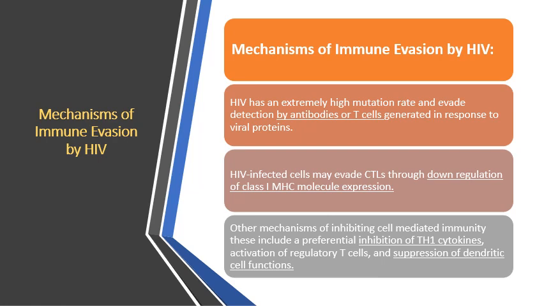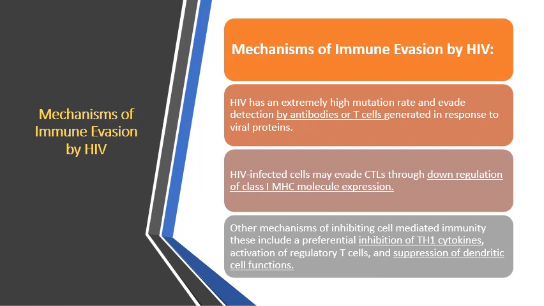T helper 1 cytokines are important cytokines to increase the cellular immune response, which is effective in the eradication of viral infection or intracellular pathogens. Downregulation of these cytokines will lead to a reduction in cellular immune response.